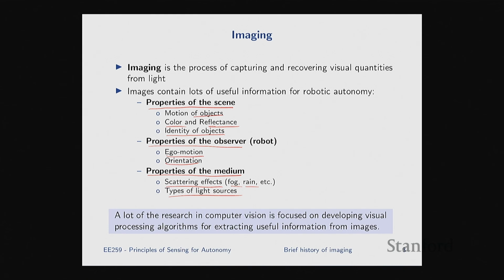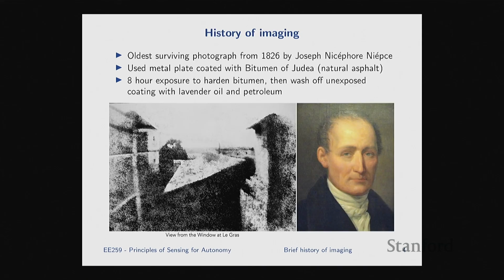You can teach multiple graduate courses on computer vision, as we do here at Stanford, and we are not going to get to any depth regarding the specifics of the algorithms used to extract this information, but rather we'll learn about the physics of image formation and cameras and how they work. That's the main topic of discussion.